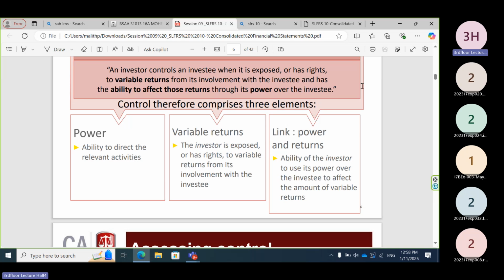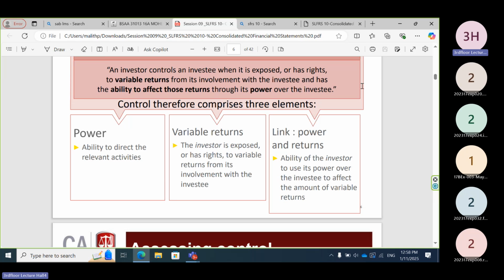So before you do a consolidation, you need to justify that each and every subsidiary should have this power and control from their parent. Otherwise, it is not a subsidiary. And that power and control should be kept during the period.